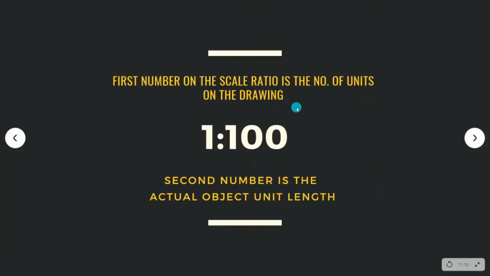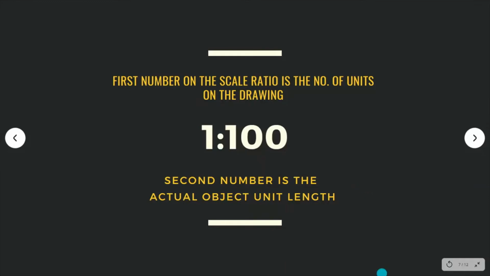So atong i-focus lang ani, para di ta maglibog og unsa nang 1:100, 1:10, 10:1. So, ang ato lang hinumdoman lang gyud kay if we have this scale, the first number on that scale ratio is the number of units on the drawing. So 1 unit sa atong drawing, and the second number is the actual object unit length.